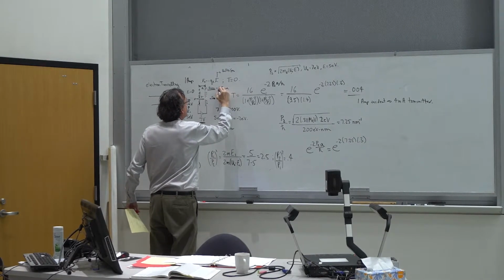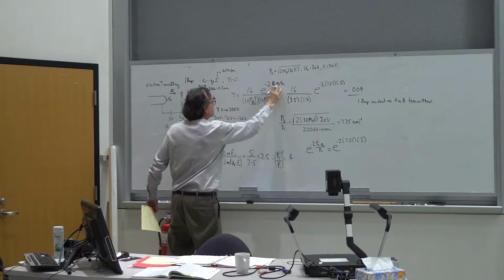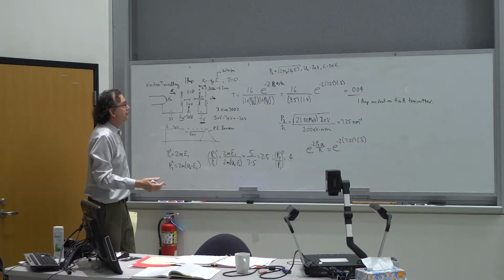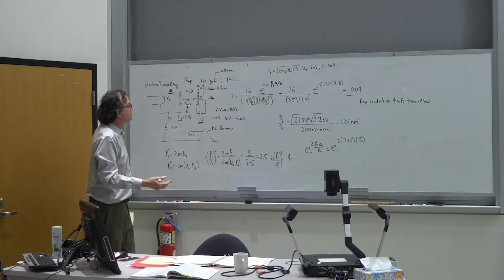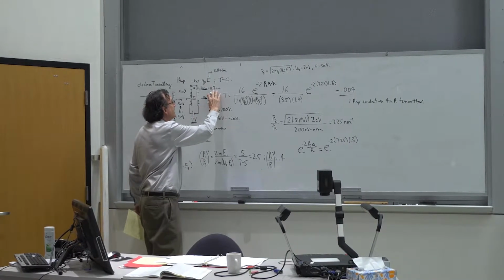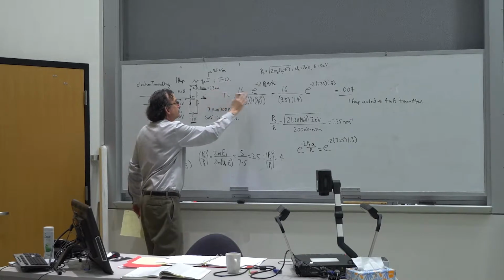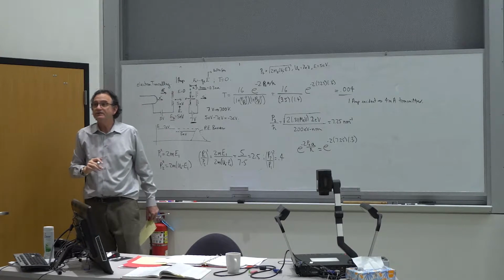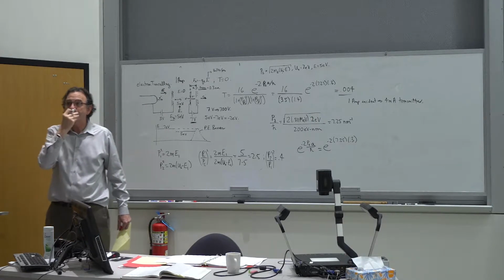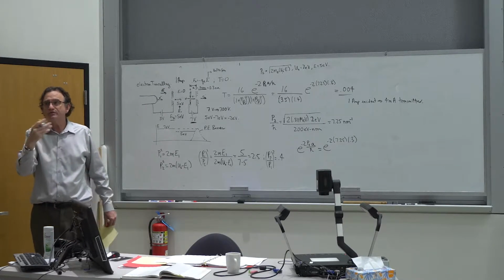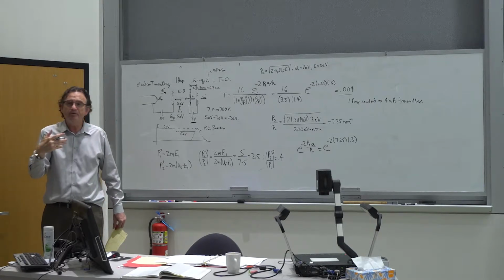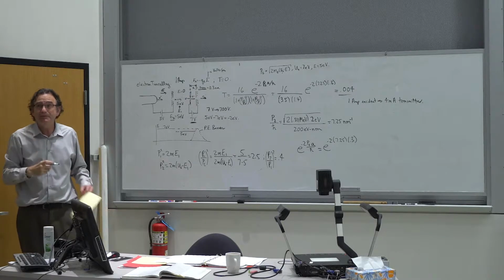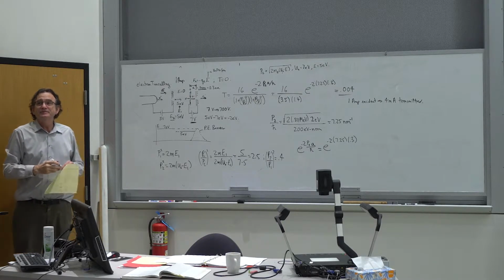I could just increase A. If I want to change the transmission of the barrier, I could increase the barrier width by a factor of 10, and now this transmission factor would go down by a factor of e to the 10. So it's just a way to illustrate tunneling through a barrier. Any questions?